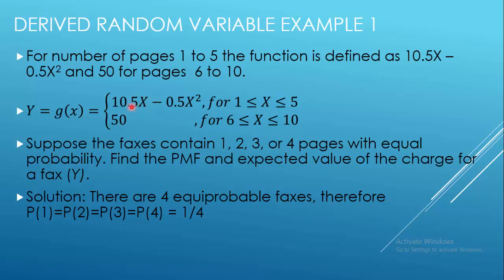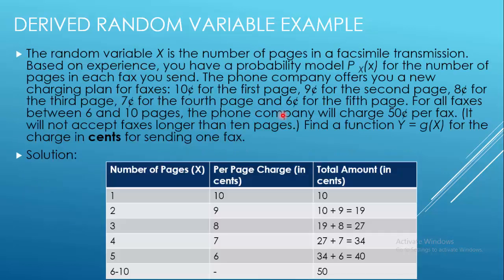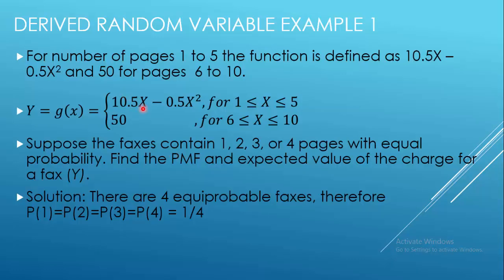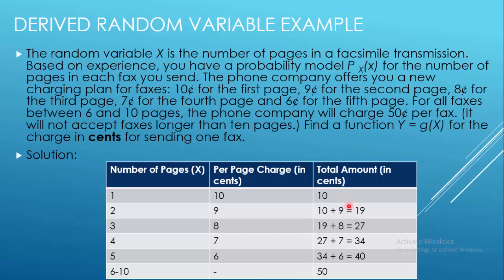So for pages 1 to 5, the function is given as 10.5x minus 0.5x squared. You can plug in the values 1 to 5 and you will get exactly these values. For example, for 2 pages, you put 2 over here: 2 multiplied by 10.5 minus 2 squared times 0.5 gives you 19.